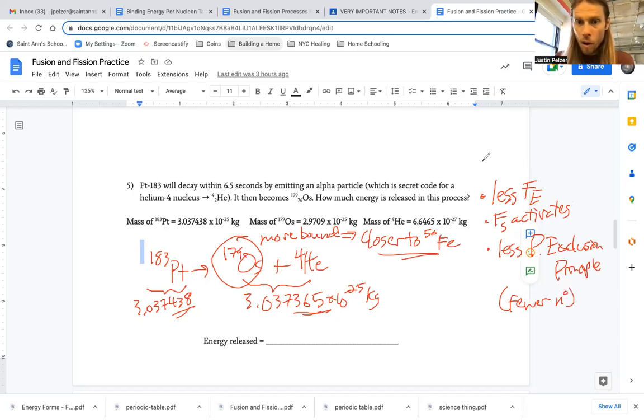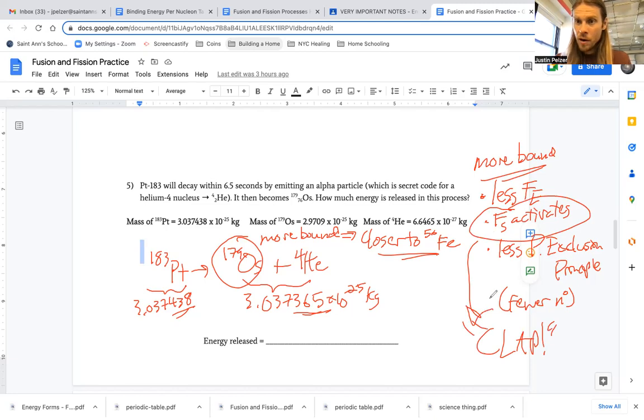So more bound means these things, which means it claps. Strong force activates, right? So the electric repulsion was trying to push this apart. It actually did, but this section of it maintained itself, boom, clapped together a little bit and released an energy which is going to equal delta m times c squared.